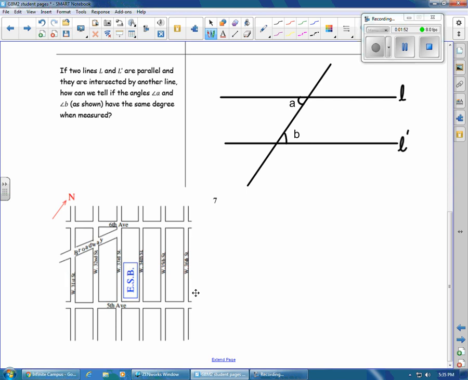The idea of mapping is that one point in one area is represented in the same or corresponding area of another figure. So the Empire State Building is located at the intersection of 5th Avenue and West 33rd Street, it looks like.